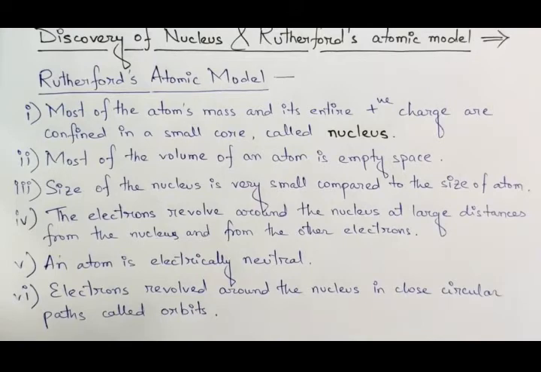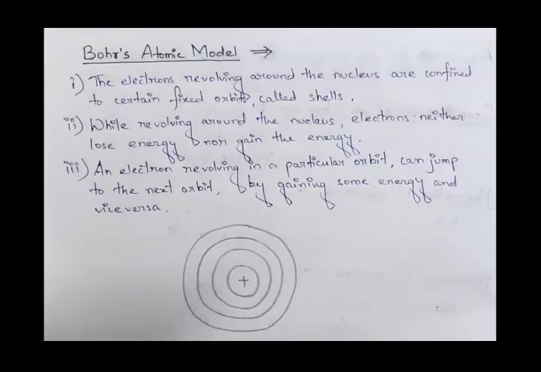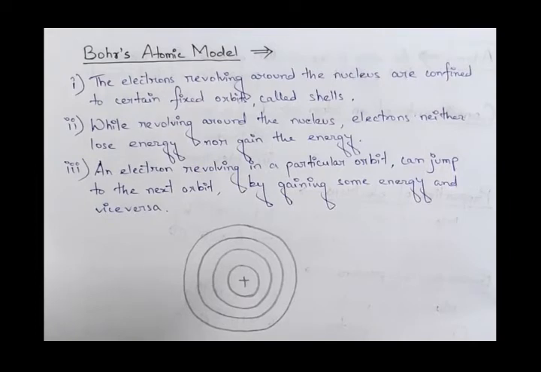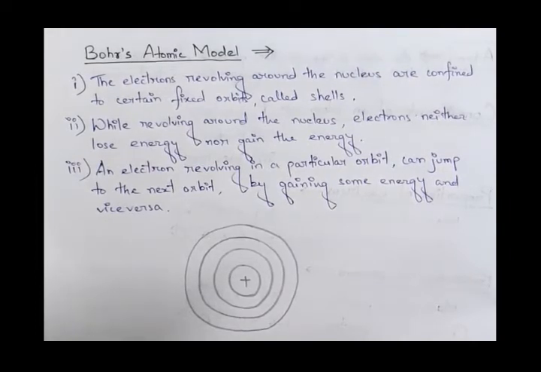Now, to explain the stability of the atom, another scientist named Niels Bohr gave a different atomic model. So let's discuss the main postulates of Bohr's atomic model. Niels Bohr postulated that the electrons revolve around the nucleus in fixed orbits, and he named them the shells.